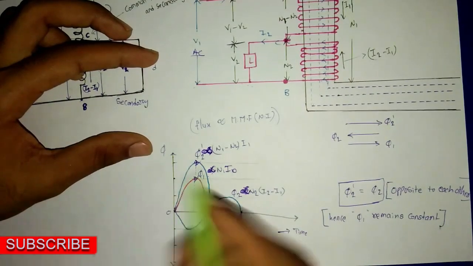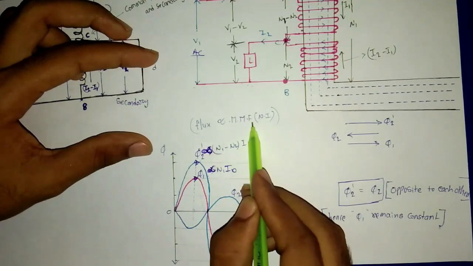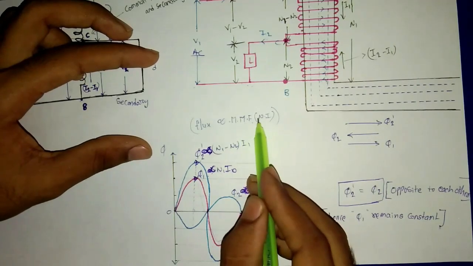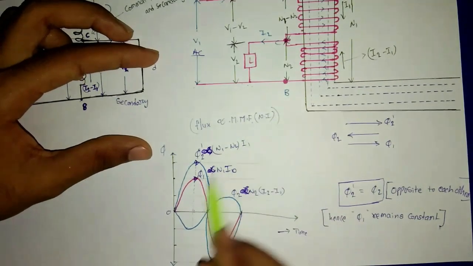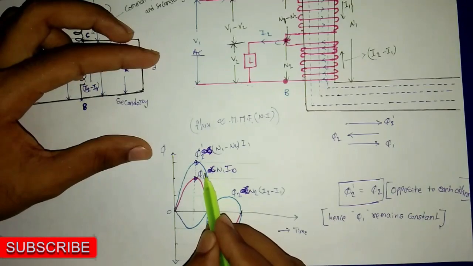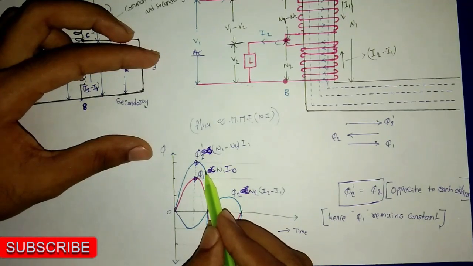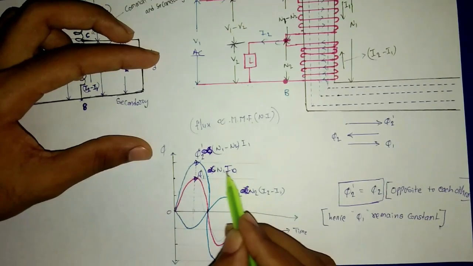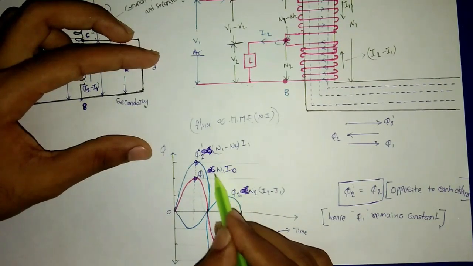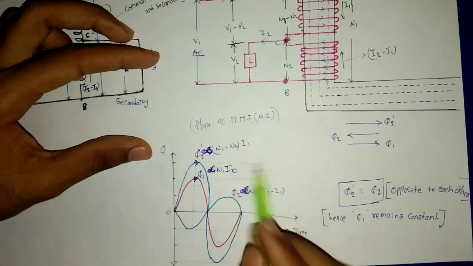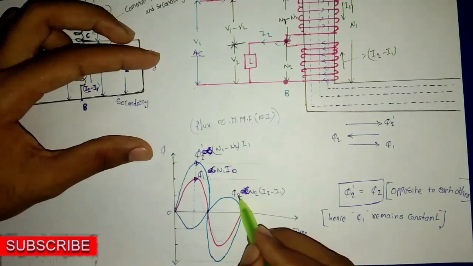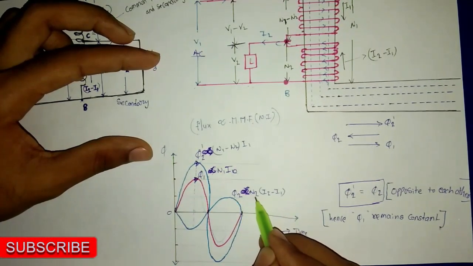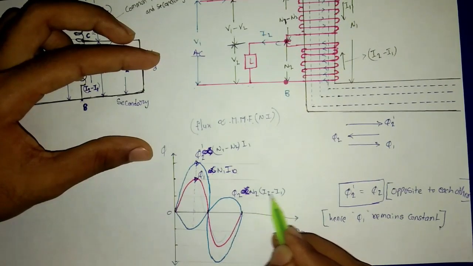Here we observe the flux is directly proportional to MMF. MMF is the product of turns and current. At no load condition, the flux is directly proportional to N1 and I0. N1 means turns of primary and I0 the no load current. Here we observe Phi2 is directly proportional to N2 into I2 minus I1.